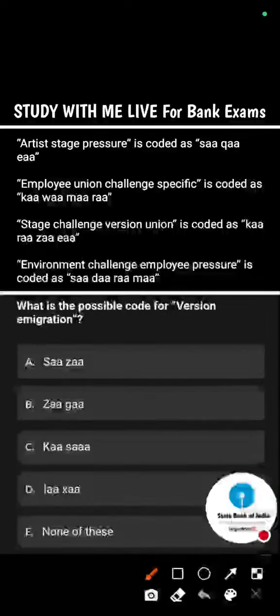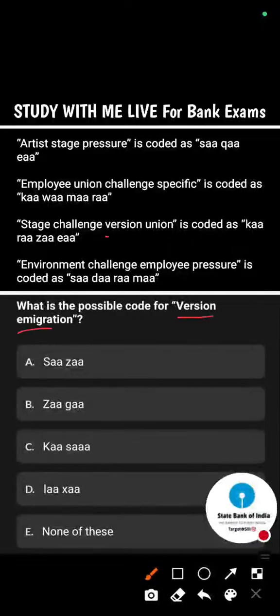What is version immigration? We see version here, and we don't see version in any other statements. Stage we already see, challenge we already see, union also we see. So the only one word we don't see is ZAA. So ZAA is version.